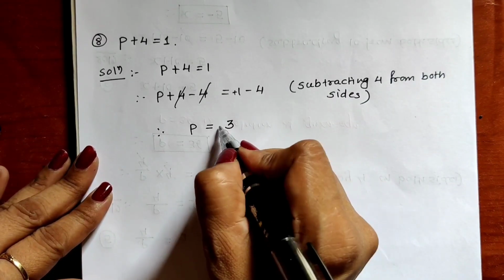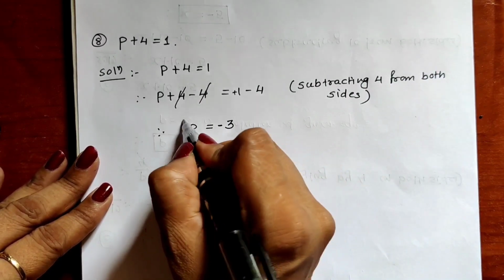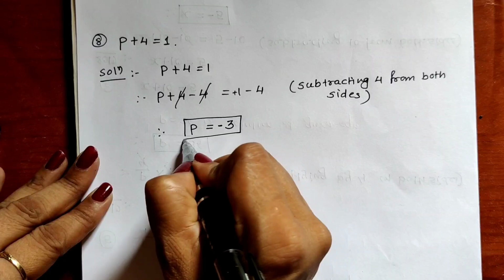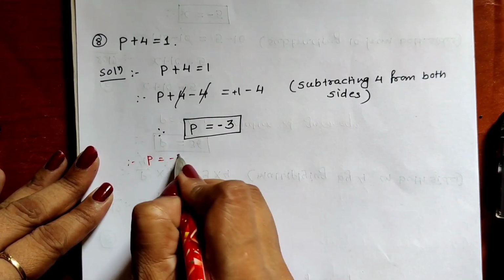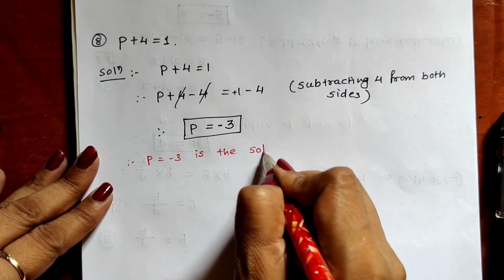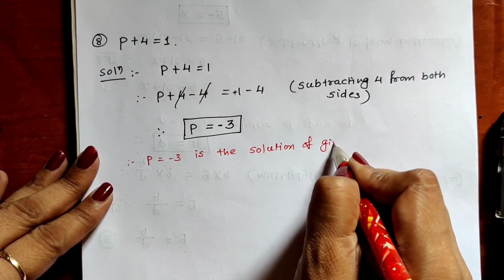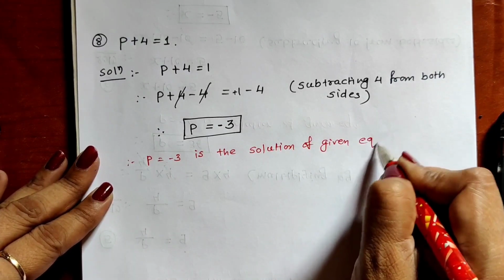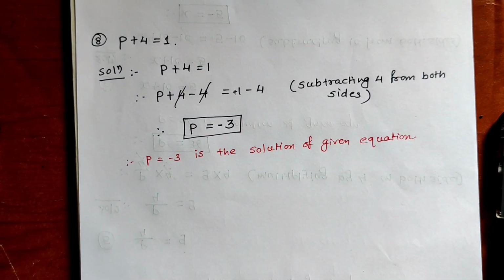Sign of bigger number. Bigger number is 4. 4 sign is minus. So answer should have minus sign. P is equal to minus 3. Therefore P equal to minus 3 is the solution of given equation. In this way you can complete this question number 4 by actually performing the operation.